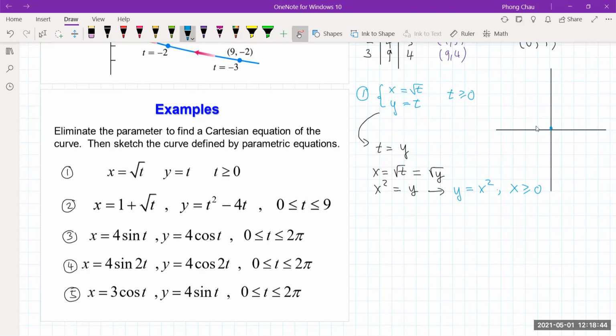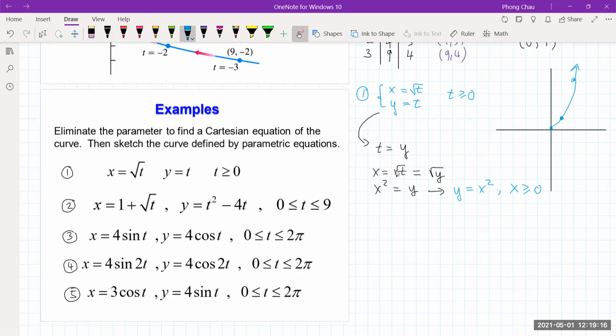Notice that we cannot do the left-hand side. x has to be positive. So basically, you can only have 1, 1, and then 2, 4, and 3, 9. So we only end up with the right half of the parabola. That one, right? So that's example 1.